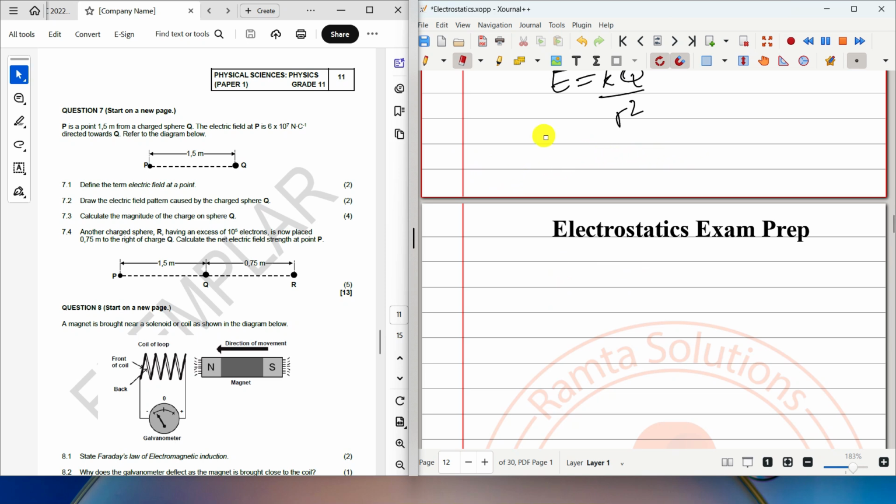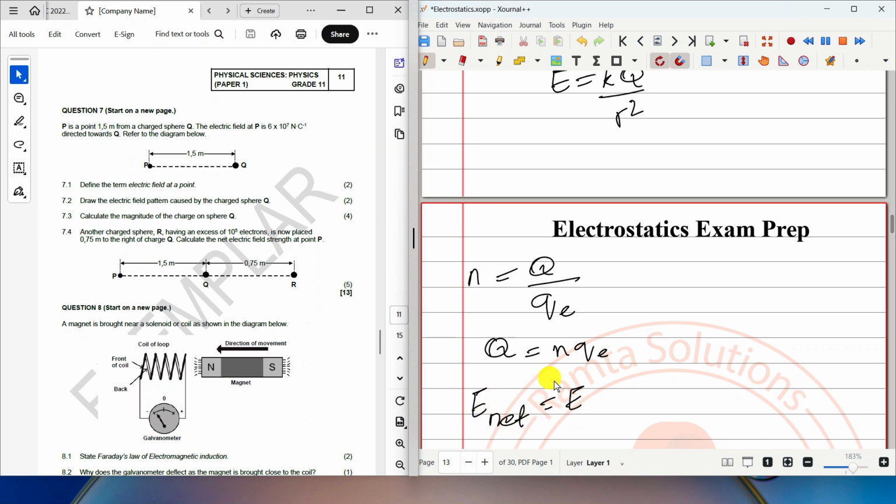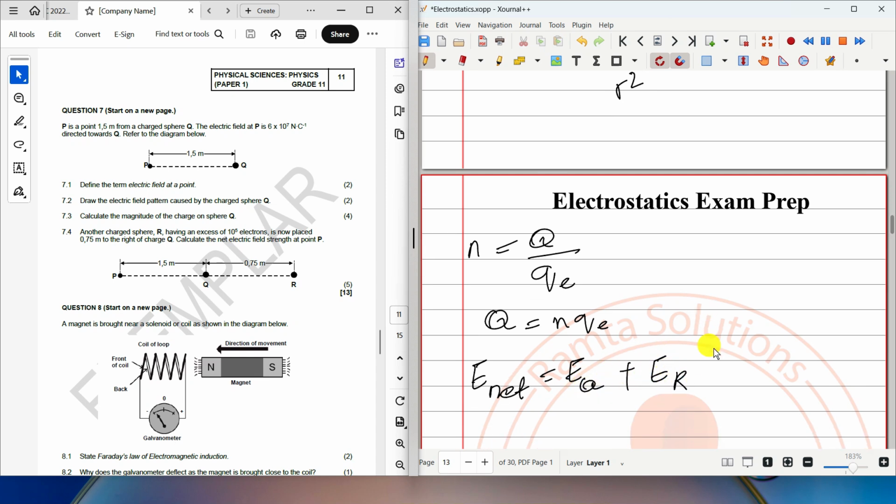So now for E, let's begin by saying N equals Q over Q sub E. Therefore, we can say Q equals N Q sub E. Then it's fine. E net equals E of what? We can say it is equal to E of Q plus E of R. It doesn't matter. All right.